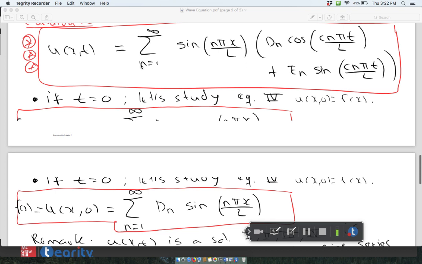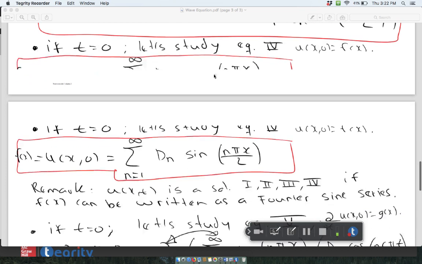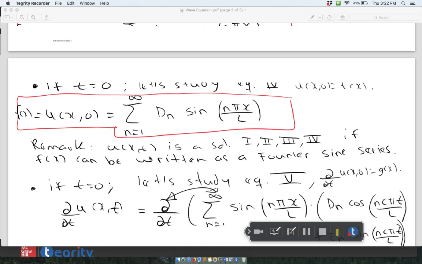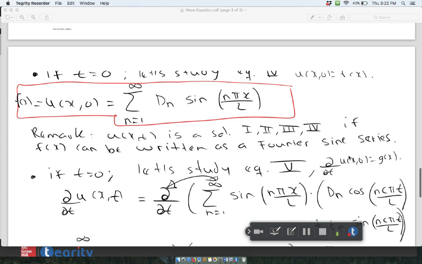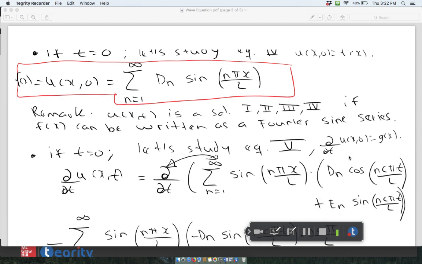So my u(x,0) will be the sum of d_n sine of n pi x over L, as this one. Therefore, if f of x can be written as a Fourier sine series, then u(x,t) will be a solution of 1, 2, 3, and 4. Good. What about condition 5?